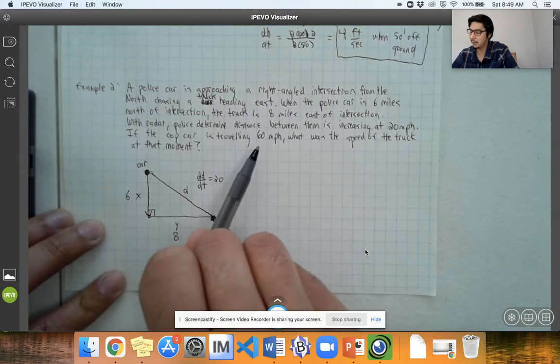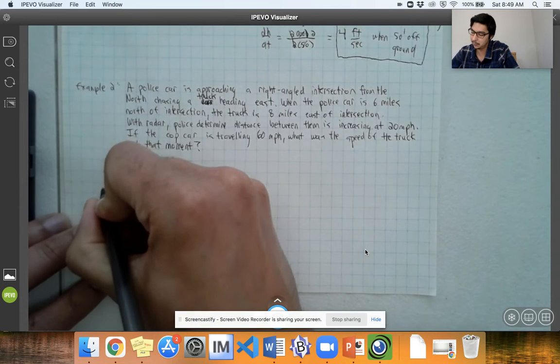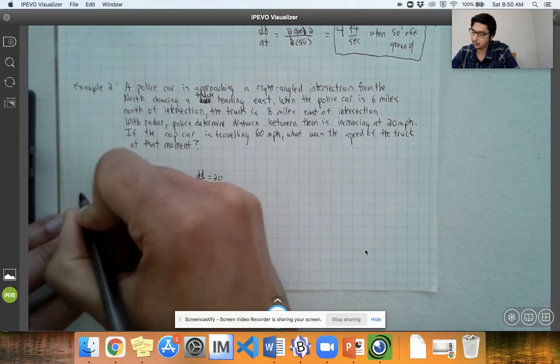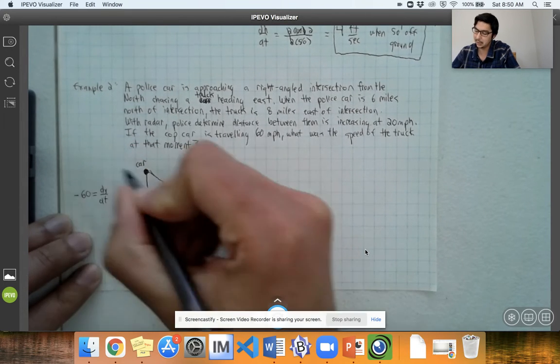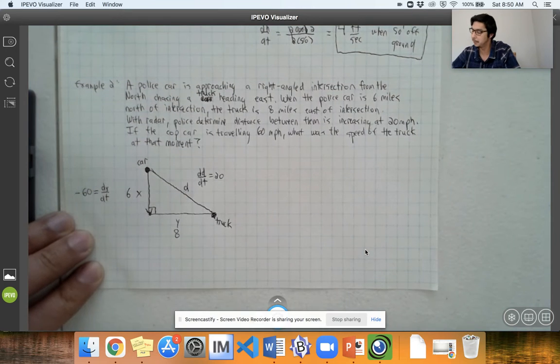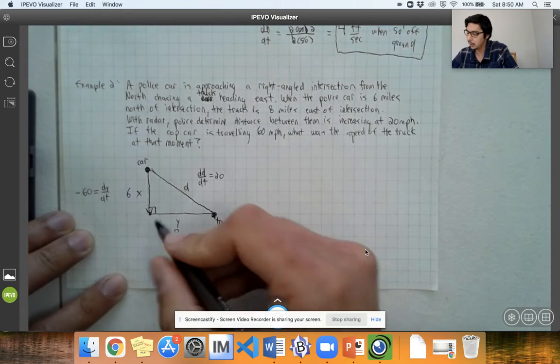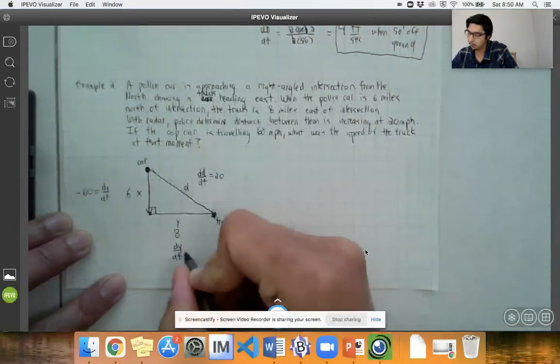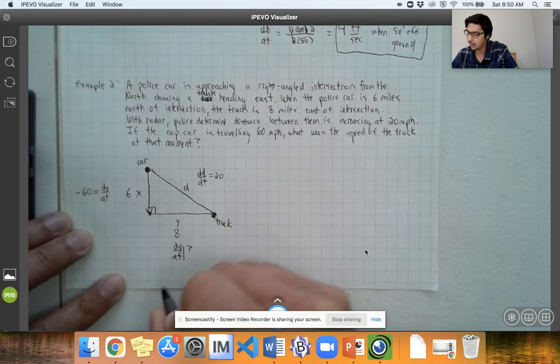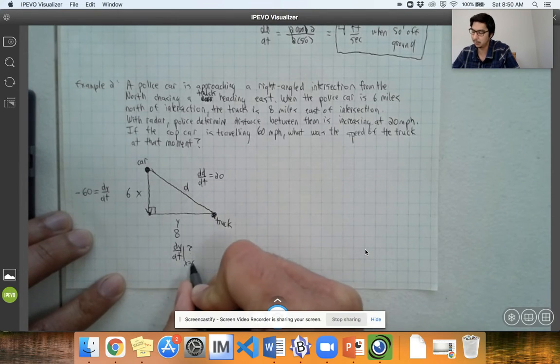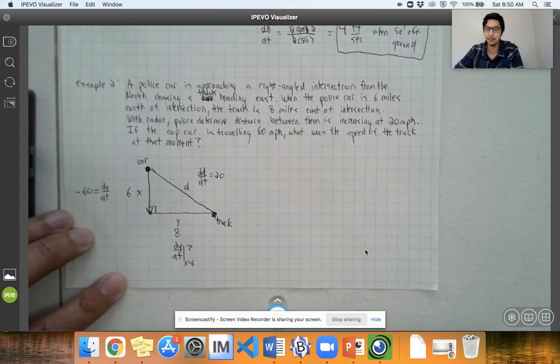If the cop car is traveling 60 miles an hour, so the cop car, dx dt, is equal to 60, and it's actually going to be negative 60 here because we're heading downwards. What was the speed of the truck? So in other words, what we want to know is what's dy dt at that particular moment. So when x equals 6, y equals 8. Okay?